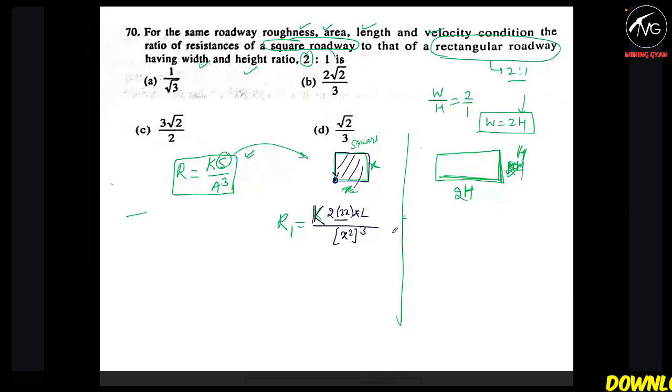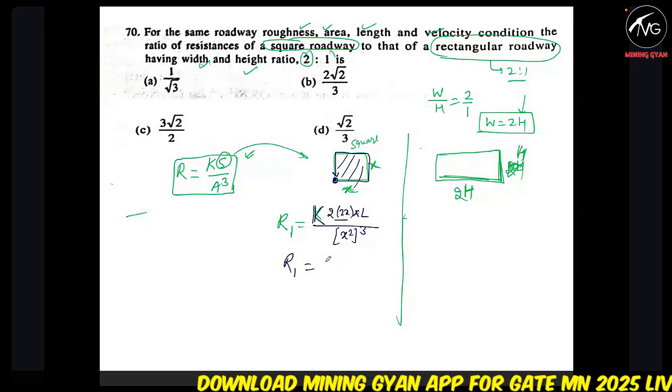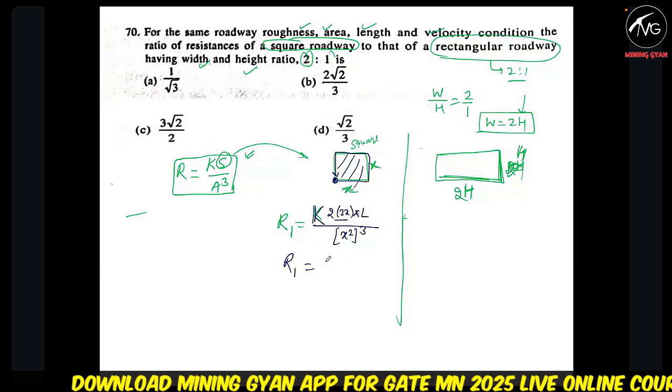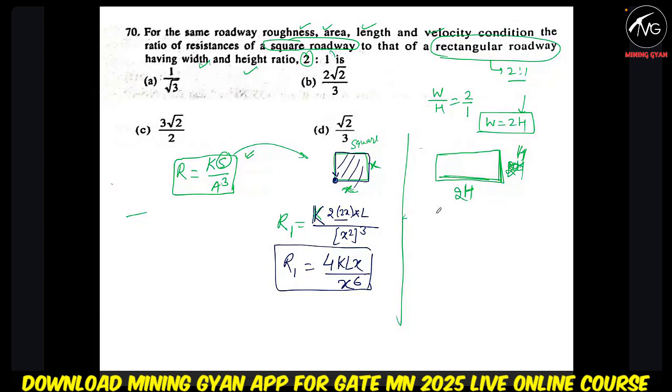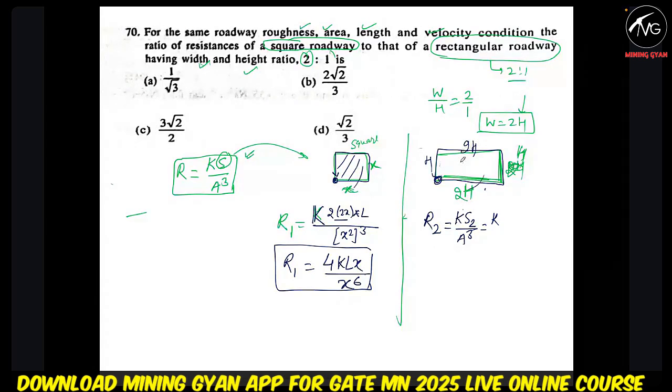Okay, so r1 will be 4 k l x divided by x^6 and r2 will be Ks by A cube. And k is constant. Surface area, you have to start from here and go up to this. It is 2h, h, it will also be 2h and it will be h. Add all of the values, 2, 2, 4, 5, 6.